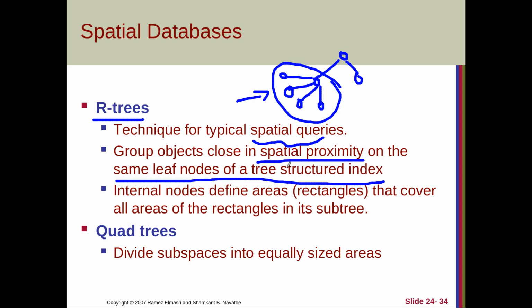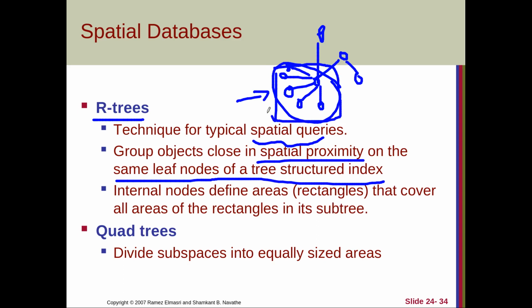That means the objects that are closer in spatial proximity. So which objects will be part of that particular leaf? Assume that this is the panchayat, and all the buildings within that panchayat will be attached to that particular leaf. Now internal nodes define areas, that is, rectangles that cover all the rectangles in their subtree.